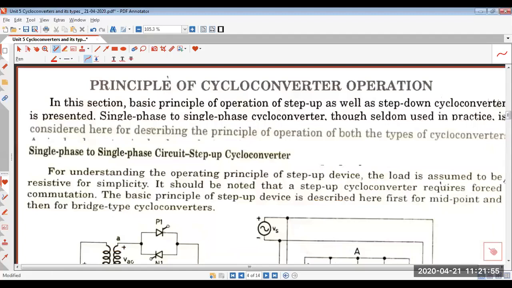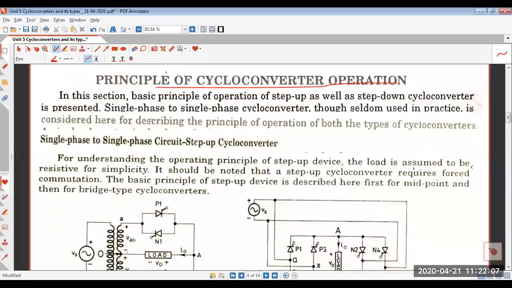Okay, so let us come to the principle of cycloconverter operation. Broadly, cycloconverters have various categories. Like step up and step down is one category, based on whether the output frequency is more than the input frequency or less than the input frequency, right?